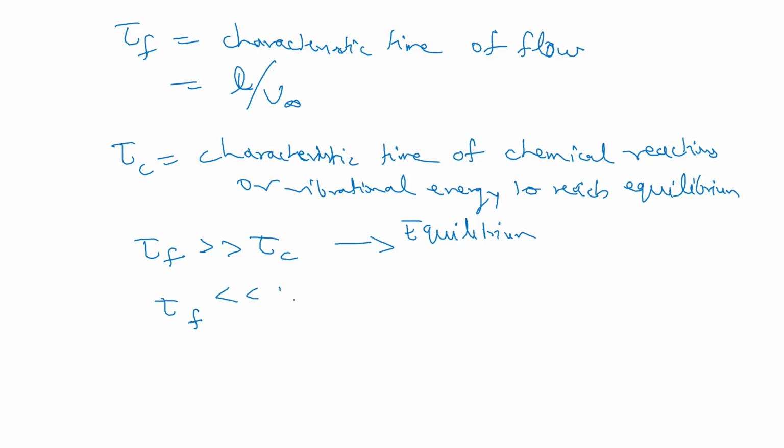And if the flow time is very less than the time for the chemical reaction to happen, then the flow is considered frozen. It means that the flow is completed but the chemical reaction has not even started, you can say.